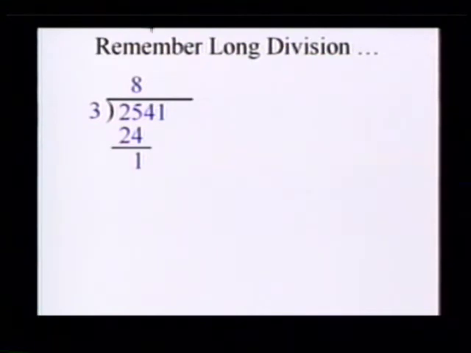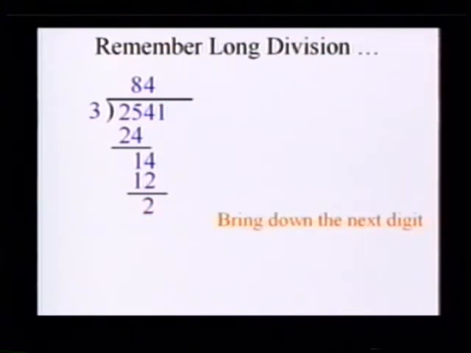3 into, bring down the next digit, and 3 into 14. Let's see. 3 into 14 goes 4 times. I multiply, just like I did before, and I subtract to see what I'm off by. Okay, once again, bring down the next digit, if there is one.